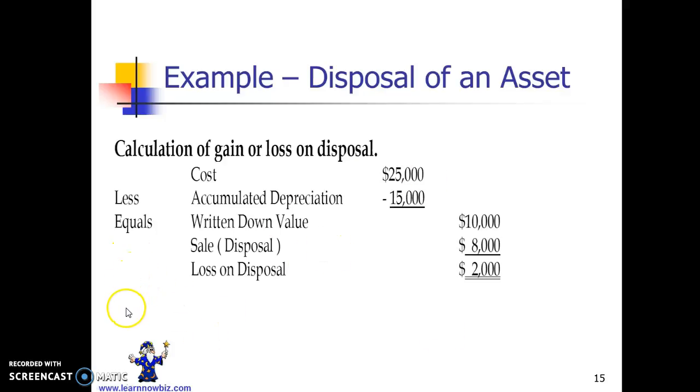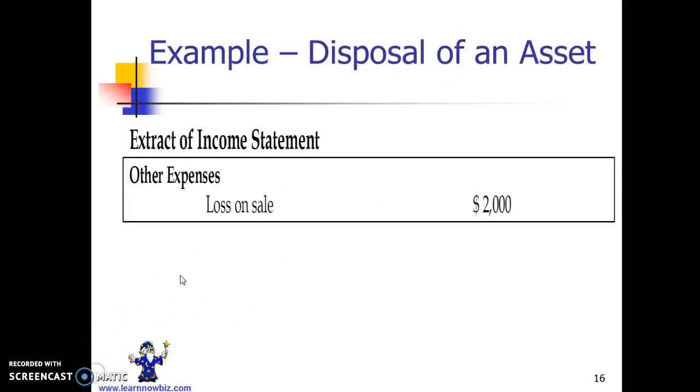The written down value, or the carrying amount, was $10,000. We received $8,000 on the sale, so the difference between the $10,000 and the $8,000 is $2,000, which represents a loss on disposal. We see here that the loss on sale in the income statement is an expense, $2,000.